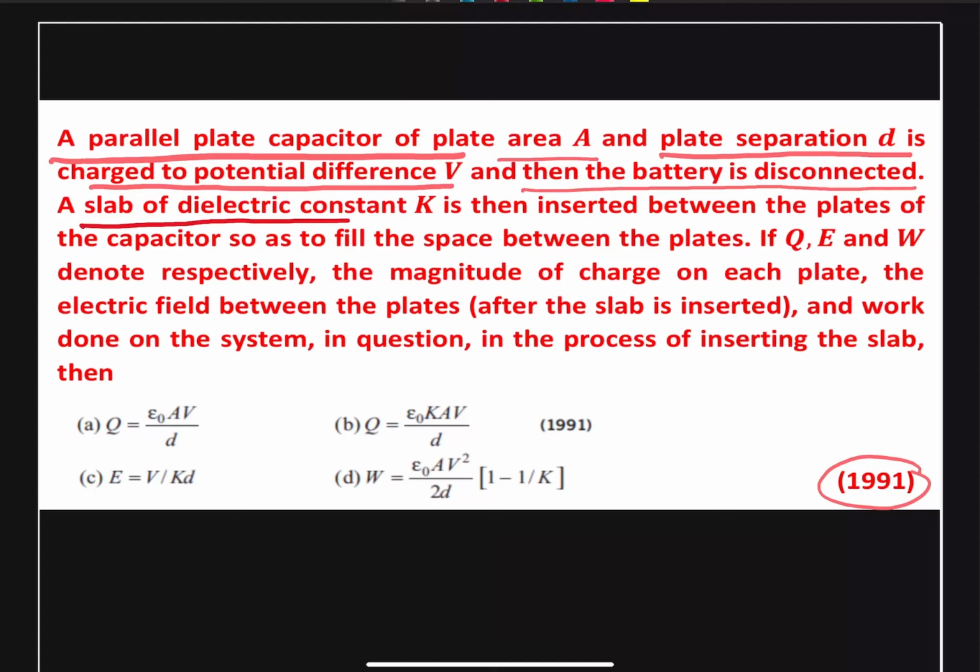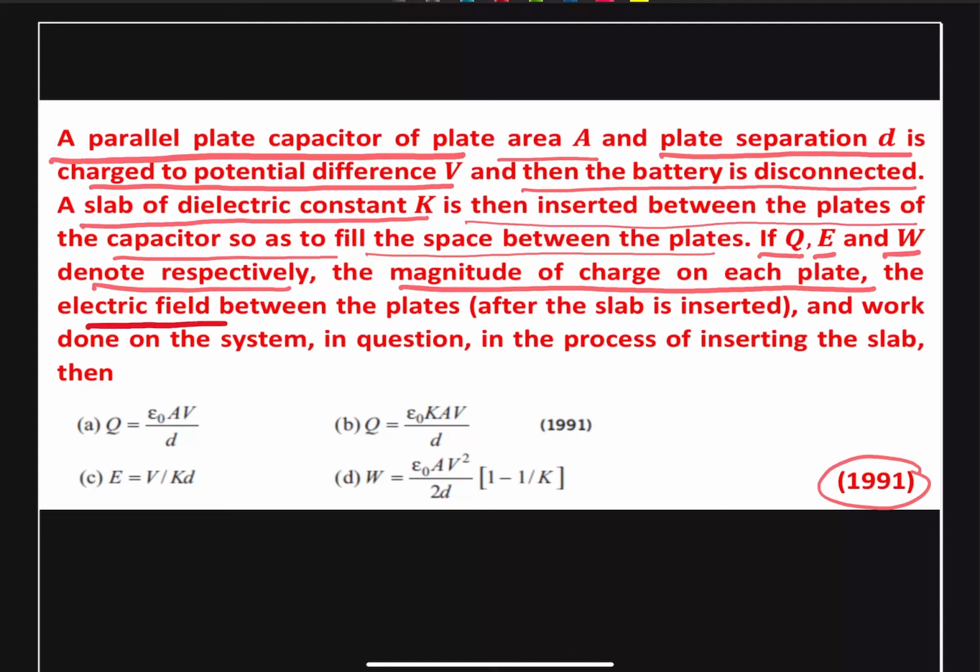A slab of dielectric constant K is then inserted between the plates of the capacitor so as to fill the space between the plates. If Q, E and W denote respectively the magnitude of charge on each plate, the electric field between the plates after the slab is inserted, and the work done on the system in the process of inserting the slab, then we have to find out what will be the value of Q, electric field, as well as the work done.